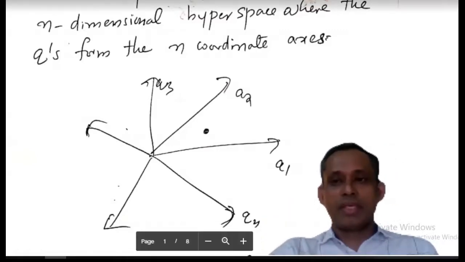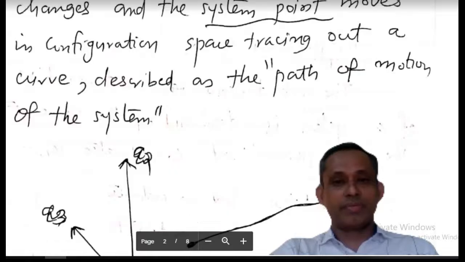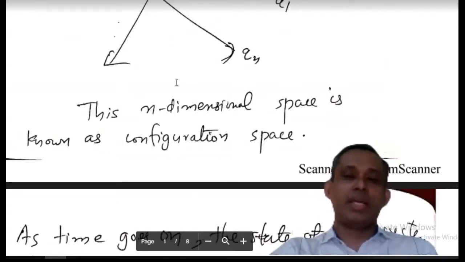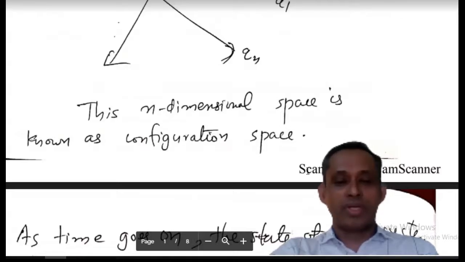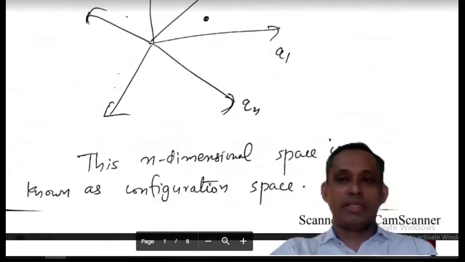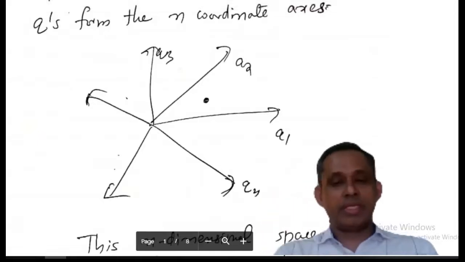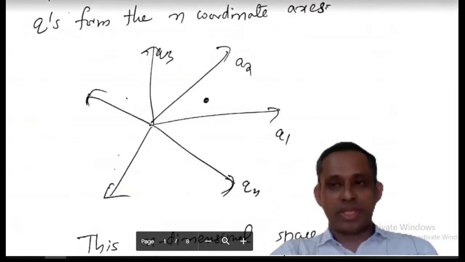So it is a system point in this n-dimensional space, which is called configuration space. The state of the system is represented by a point in the configuration space.